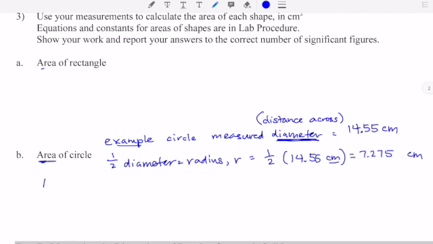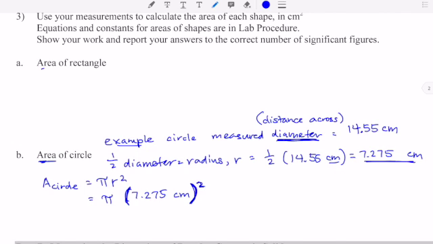The equation for area of a circle is pi r squared. First I'm going to write pi, and later I'll calculate in for pi. The r value is 7.275; put the number value with the units, and this is r squared. The parentheses hold the value for r, and then you're going to square it.